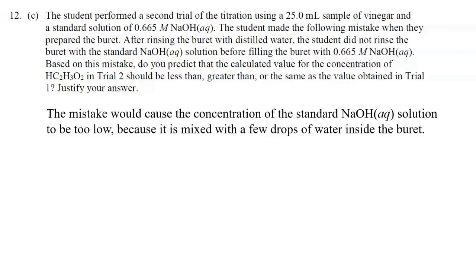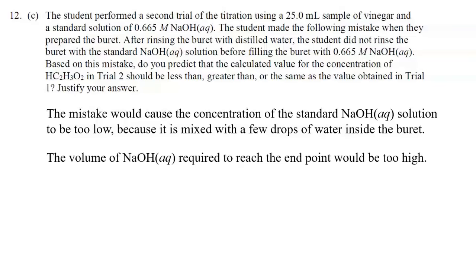Now, what effect is that going to have on the titration experiment? Well, with a slightly lower concentration of sodium hydroxide, then it's going to require a little bit larger volume of that solution to reach the endpoint. So the volume of sodium hydroxide would be too high based on that mistake.